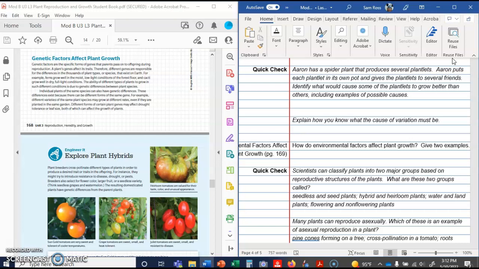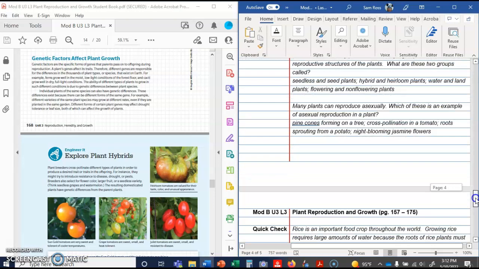Because all the plantlets are genetically identical due to asexual reproduction. There is no genetic variation in the plantlets because the plantlets have been created asexually with one parent, so they're all genetically identical. So it has to be the environmental factors that cause the differences.